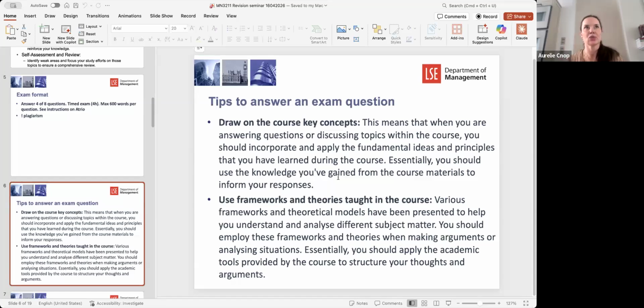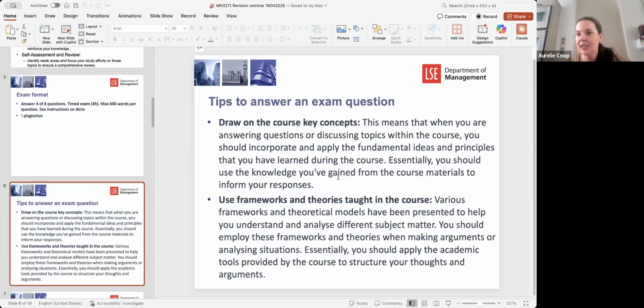Which reading can I use to support this? Which definition can I use? Which argument can I use? And when you don't see anymore what you can use, then you are welcome to look at external sources, maybe an additional example, maybe an additional book that you have read, and yes, you are welcome to add it on.